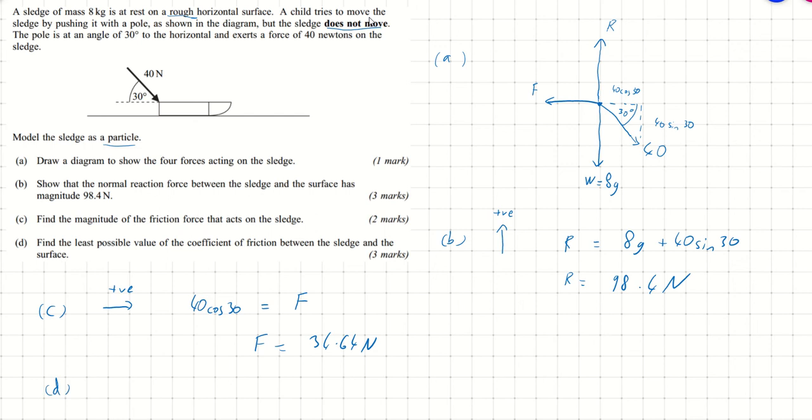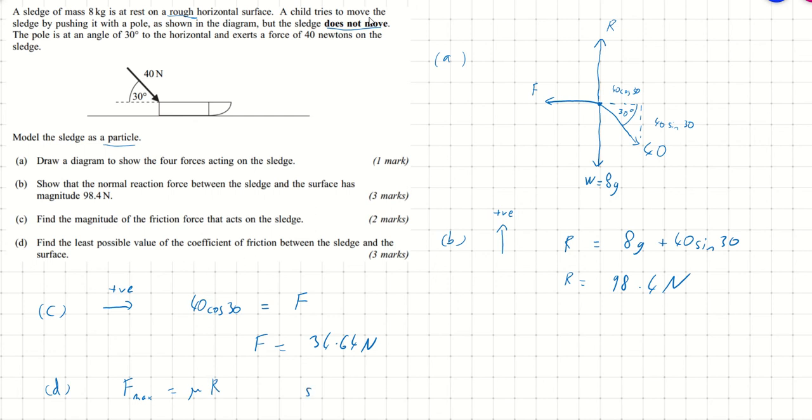Now D. Find the least possible value of the coefficient of friction. Well, if you remember the rules of friction law, the maximum value of friction, F max, is equal to the coefficient of friction, mu, times R, the reaction force.